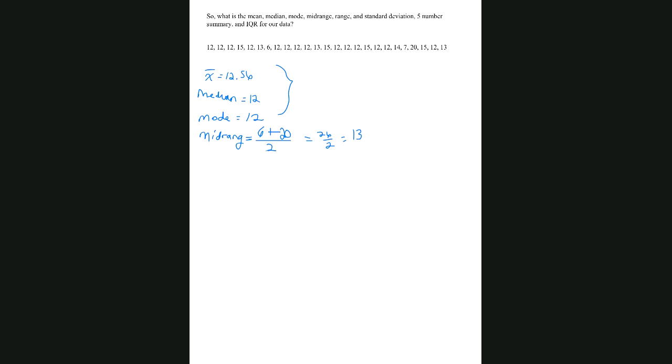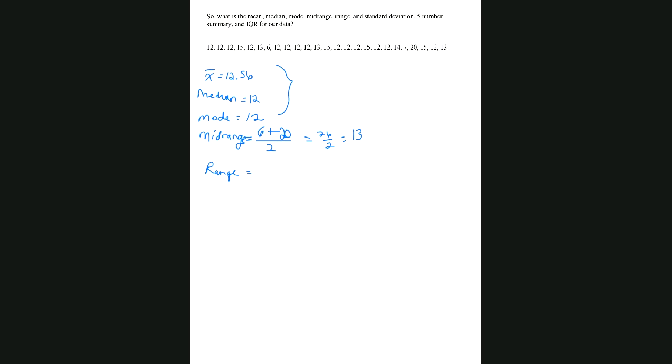The reason this is probably not 12 is because that 6, remember, is an outlier. And I wrote mid-rang instead of mid-range. There we go. All right, the actual range is just the difference between the highest and lowest.